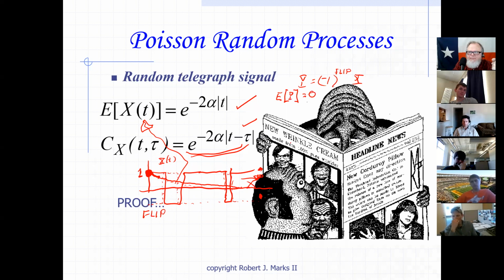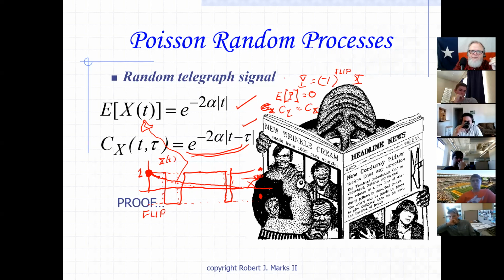We showed with the flip theorem that the expected value is always 0. I don't care what stochastic process you have, right? And what about the autocovariance? Well, let's do the autocovariance of y. We also showed in the flip theorem that the autocovariance stayed exactly the same, didn't it?